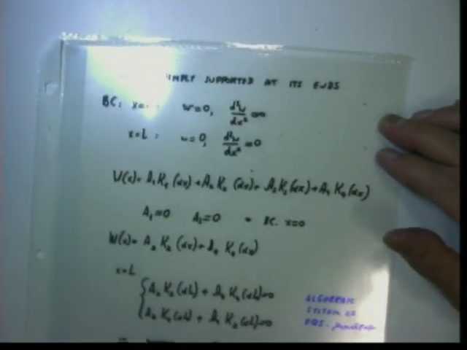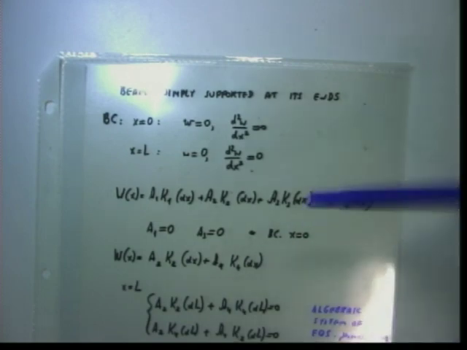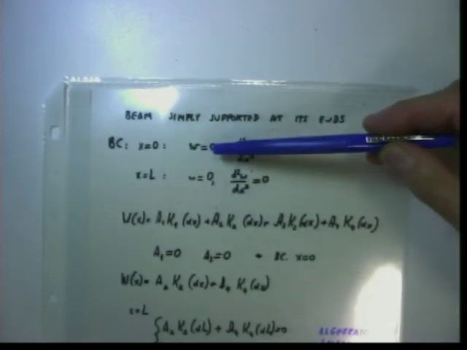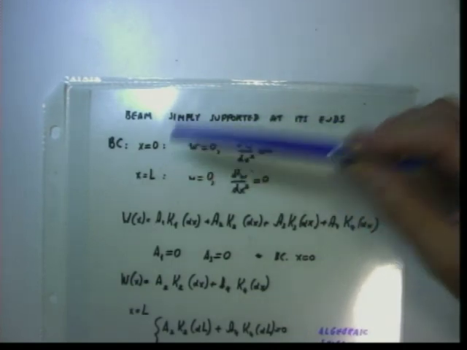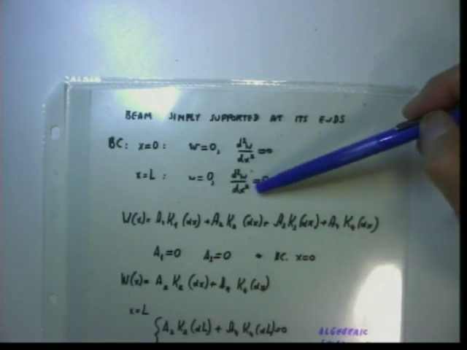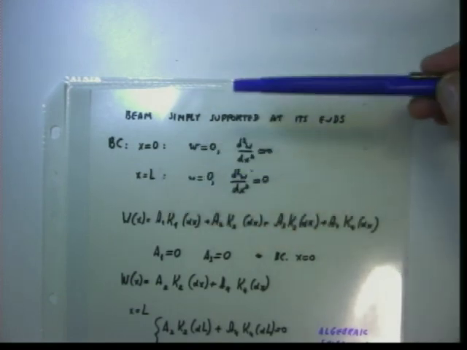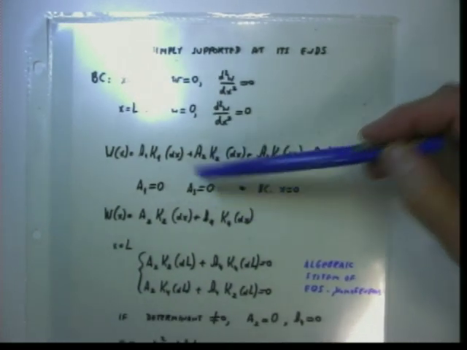Then I will very fast go through what we did. For a beam simply supported at its ends, W equals 0 and the second derivative equals 0 at x equals 0. The same conditions hold when x equals L. These K functions have a very nice property: K1 at 0 equals 1, but K2, K3, and K4 at 0 equal 0.